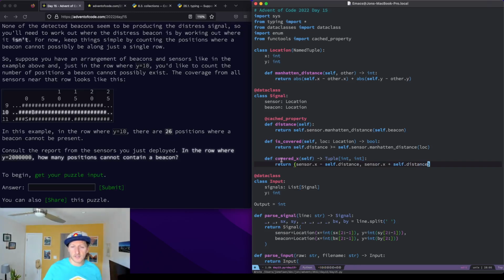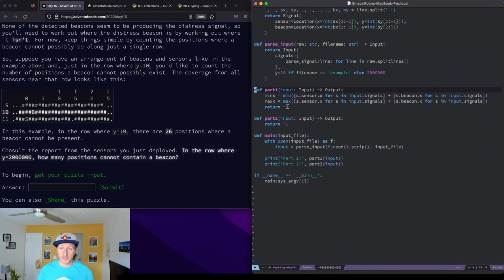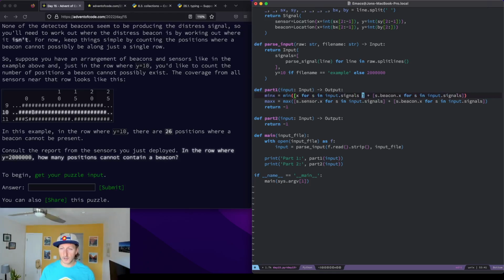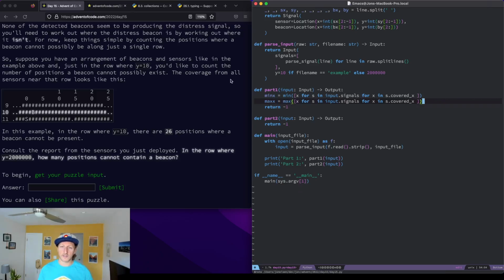What this is going to do is give us the x boundaries that this signal covers. We're going to use this to get the minimum x. So covered x for x in covered x, but this has to come after. All right, so now we have our boundaries of coverage, and we are going to use that to measure.